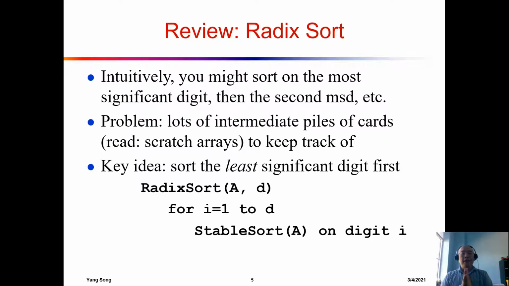Okay, and then we move on and talk about the radix sort. For the radix sort, we are sorting a list of values, and we have one more parameter, D. What is the D?